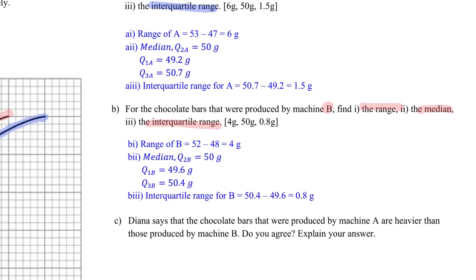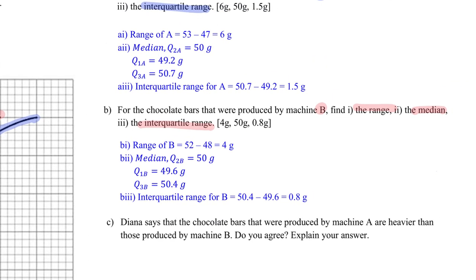Okay, now that we have this set of values, we will then have to decide whether what Diana says about the chocolate bars is correct or wrong. She says that the chocolate bars produced by machine A are heavier than those produced by machine B. Which one should we measure and decide?